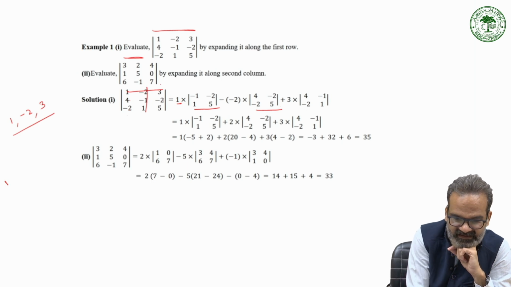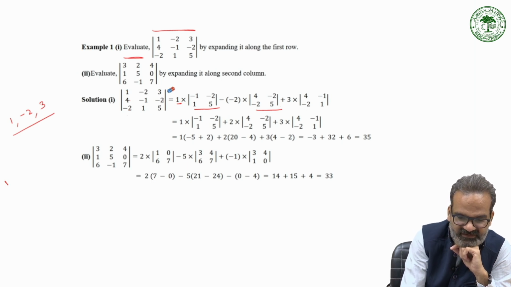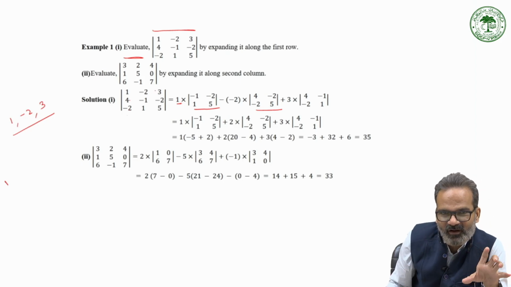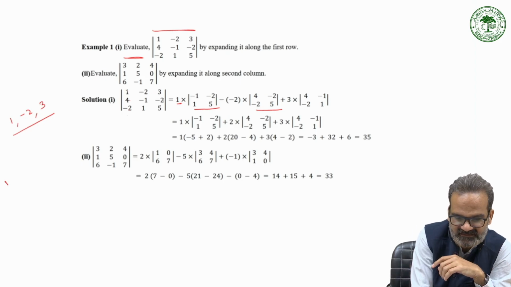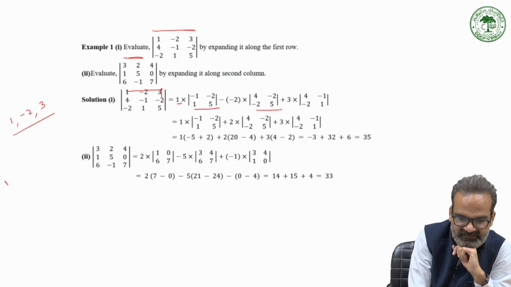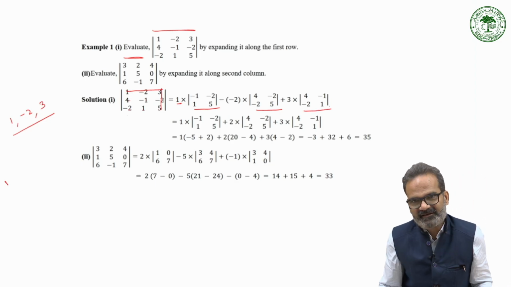Plus, last element is 3. So same way we can find out 3 into, delete the row and column in which 3 lies. So 3 lies in the first row and third column. What is left? 4, minus 1, minus 2 and 1. So we are getting this determinant.